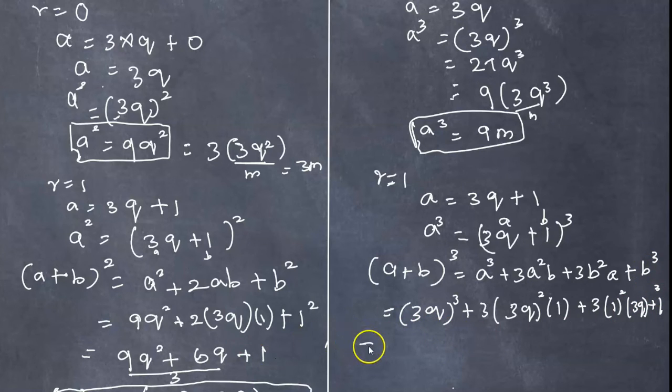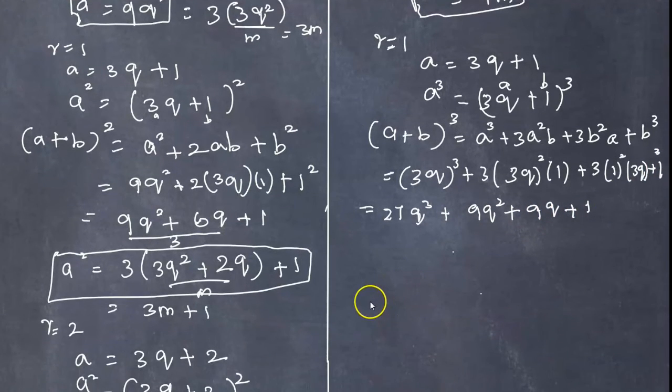So when we expand this, we get 3 into 3 into 3 is 27 q cube, plus 3 into 9 is 9 q square, plus 3 into 1 square is 1, 3 into 3 is 9, plus 1 cube is 1.